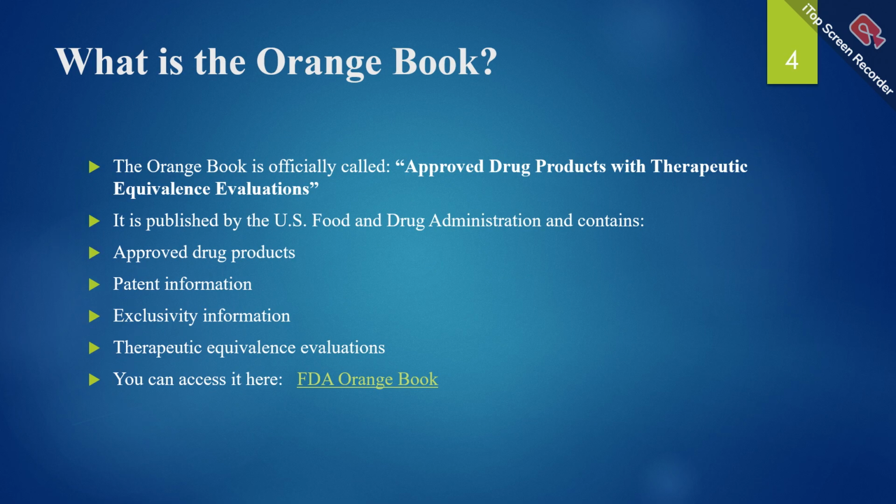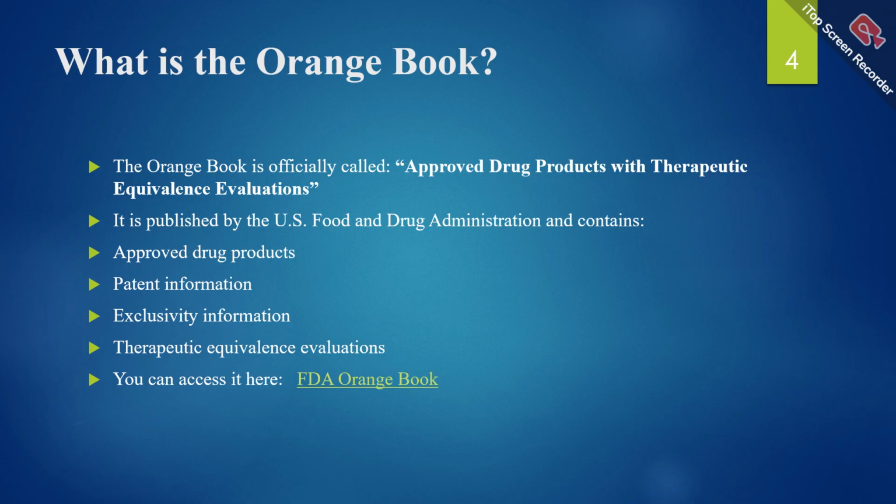Next, see, what is Orange Book? Orange Book is officially called Approved Drug Products with Therapeutic Equivalence Evaluations. It contains all the approved generic drug products by FDA. It is published by the US Food and Drug Administration, and it contains approved drug products, patent information, and exclusivity information.